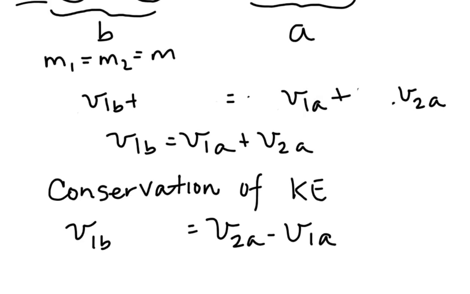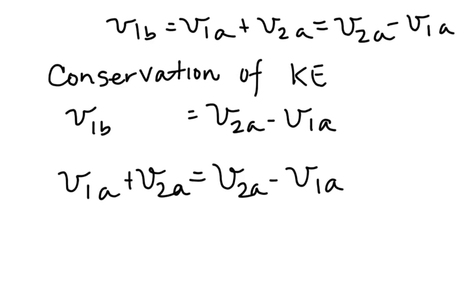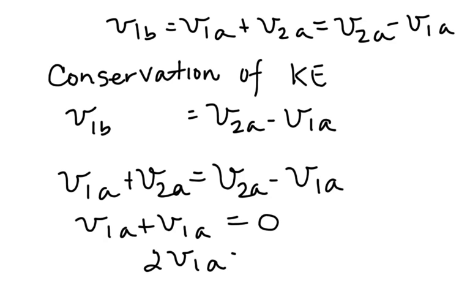I would like to then take this expression and set it equal to the one above. So I will have this is equal to v2a minus v1a. Just rewriting this and then combining our terms, I see I will have v1a plus v1a is equal to 0, or 2 times v1a is equal to 0.